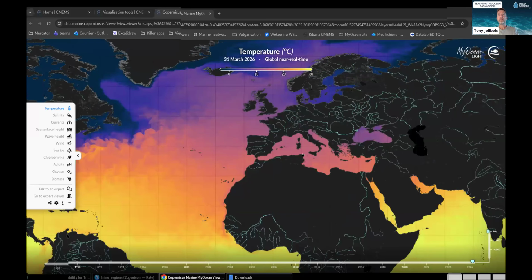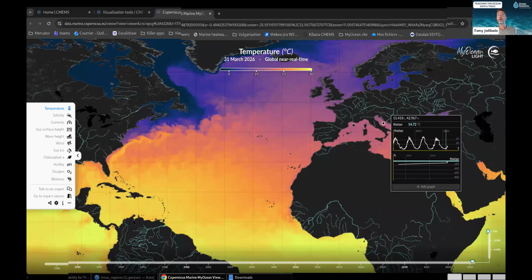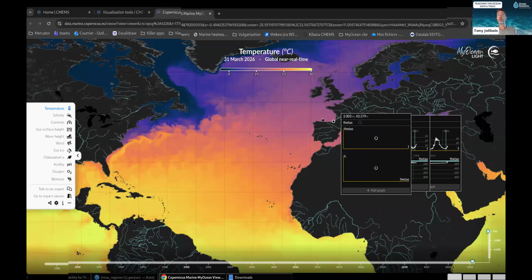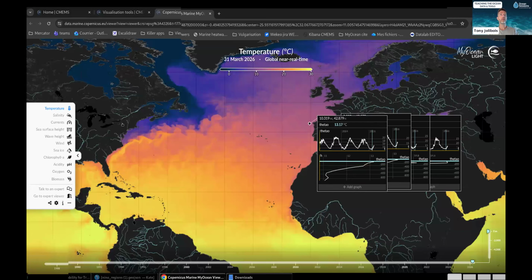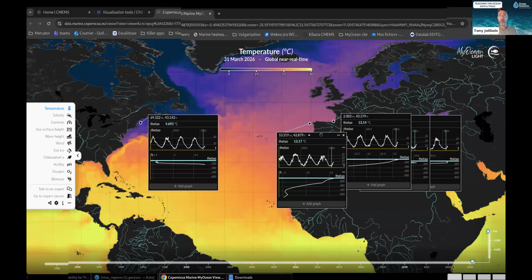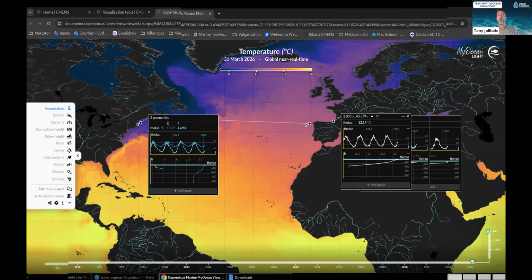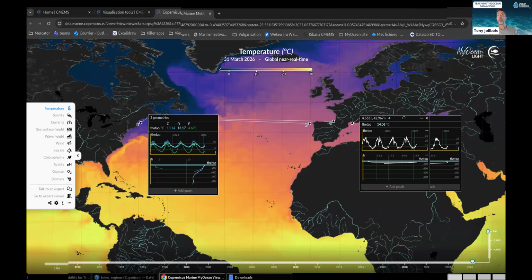For that, I will create, just by clicking on the map, different points on the same latitude, near Marseille, near Biarritz, near north of Portugal, and near Canada. Okay, it creates some graphs that I can group here very easily.